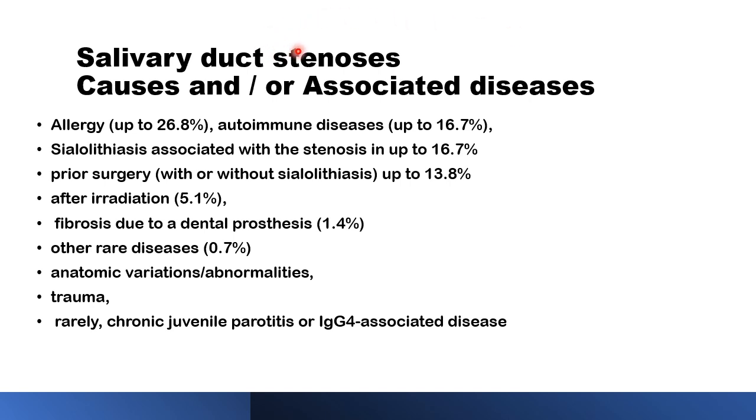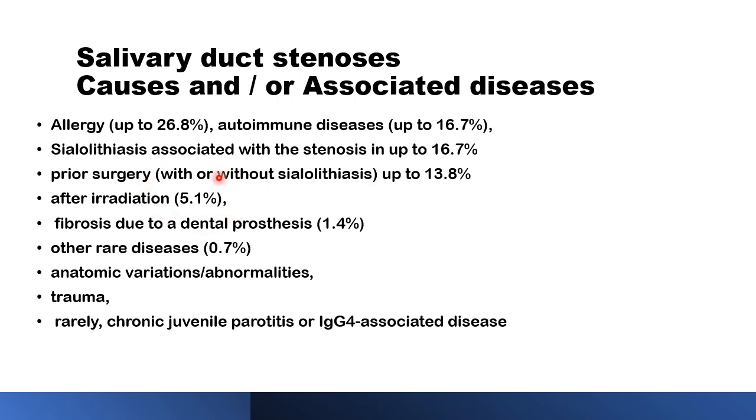What causes salivary duct stenosis? There are some etiological factors and some association with other conditions or diseases. Allergy and autoimmune disorders came first, with somewhere around 15% for both conditions, followed by stones, which can cause stenosis in somewhere around 15% of the cases. Prior surgery in the duct would cause strictures in about 13.8%.